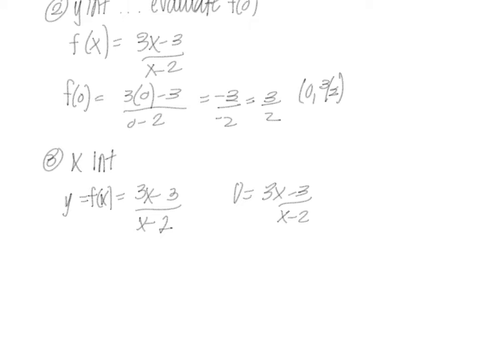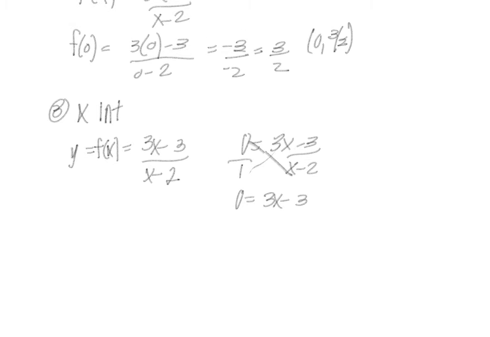And this is where people start freaking out. They're like, how am I going to solve for x? Well, it's actually pretty easy. Think of this as cross multiplication. 0 times x minus 2 and 1 times 3x minus 3. All you end up with is 0 equals 3x minus 3. And from there, it's super simple to solve for x. You get that x equals 1. So that is the coordinate 1, 0.